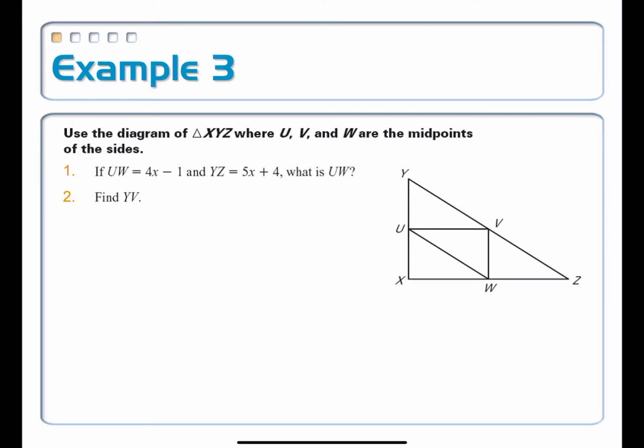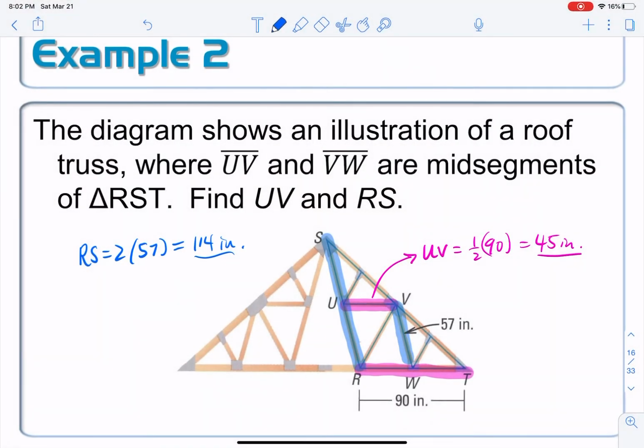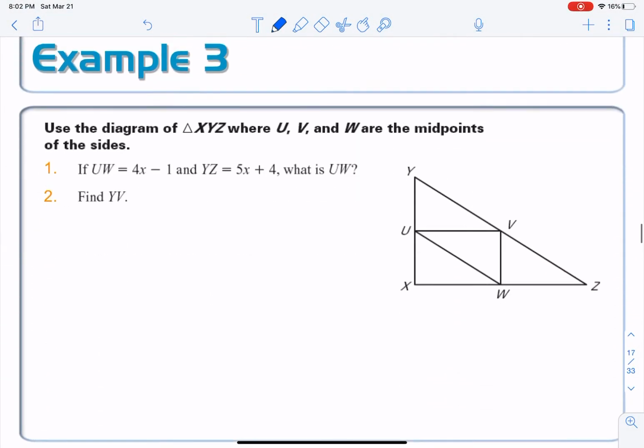Example 3, use a diagram of triangle XYZ, where U, V, and W are the midpoints of the sides. Part 1. If UV is equal to 4x minus 1 and YZ is 5x plus 4, what is UW? And of course that means how big is UW, right?